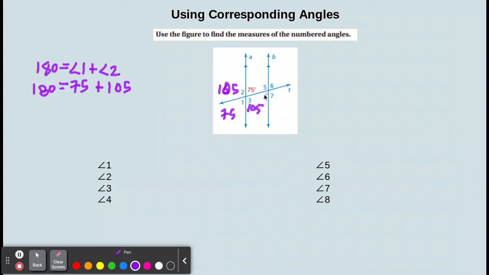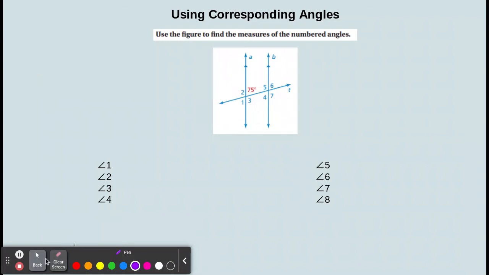So we can easily tell then that angle 5 is 105, angle 6 is 75 degrees, angle 4 is 75 degrees, and angle 7 is 105 degrees.